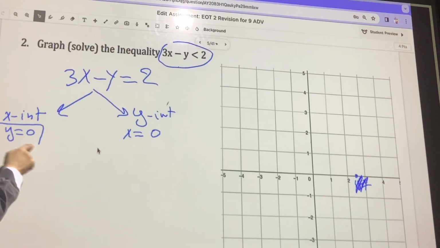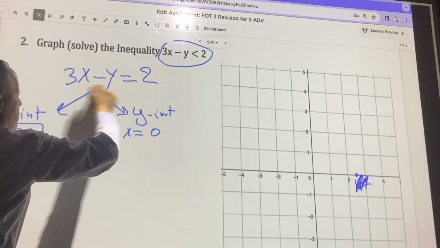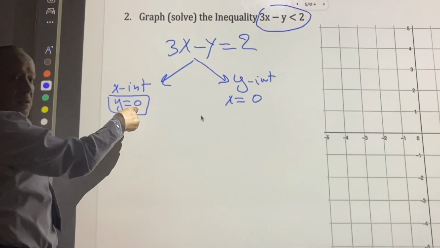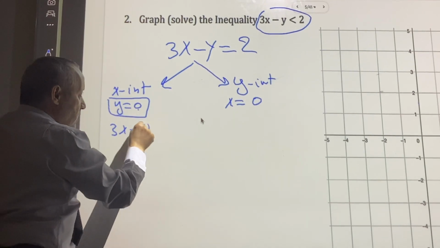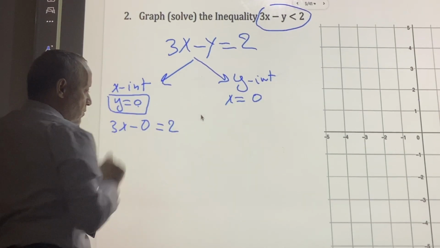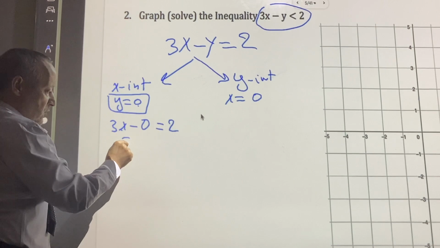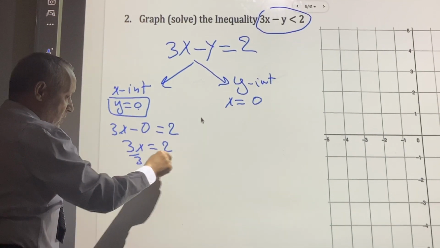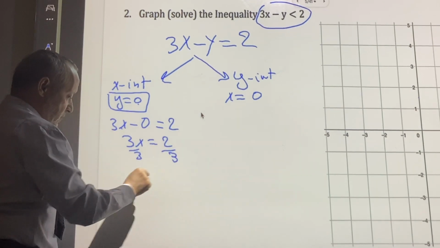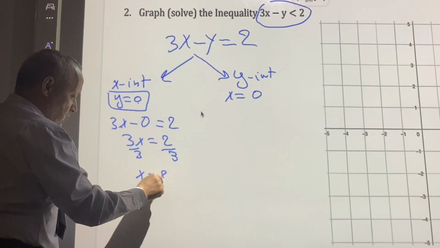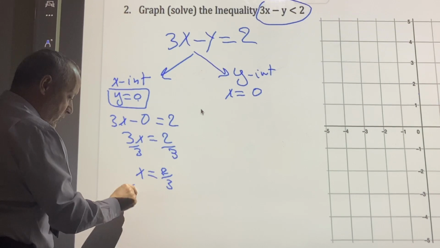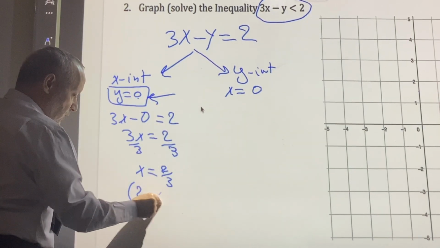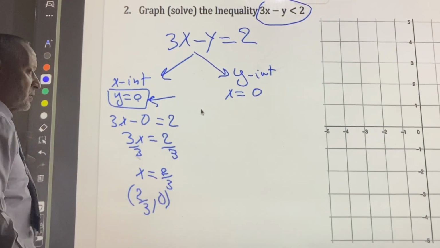When y is 0, you put it into this equation: 3x minus y, and y is 0, minus 0 equals 2. 3x minus 0 is 3x equals 2. Divide by 3 and you get x equals 2 over 3. That means my point is 2 over 3 for the x and 0 for the y. This is a point on the line.